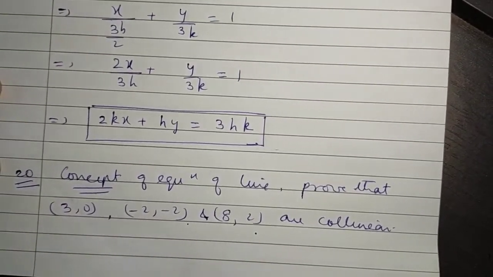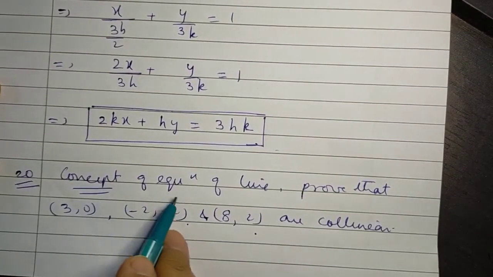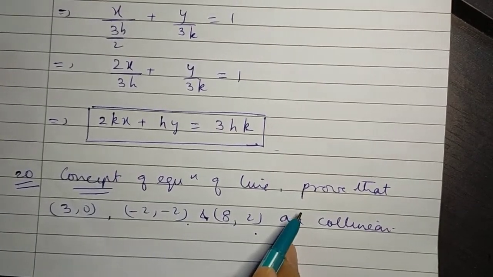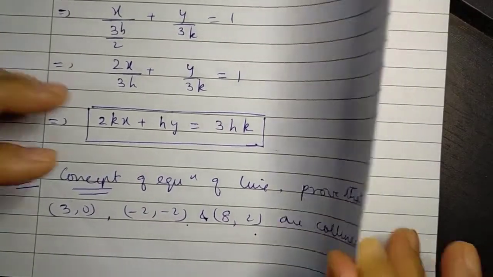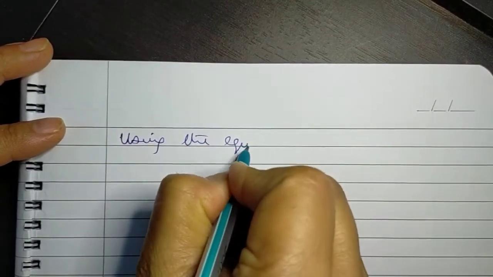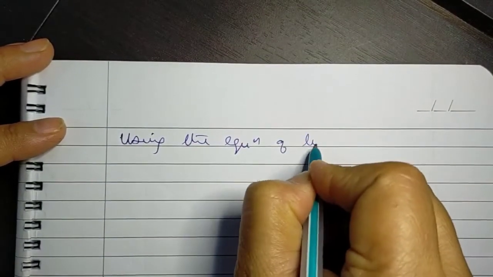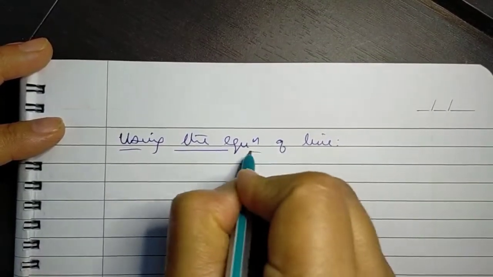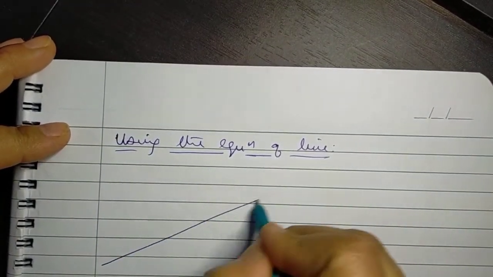Now the same thing we are going to do using the concept of equation of a line. So you have to be careful. If they specify in the question that using the concept of equation of line, you have to do it this way only.